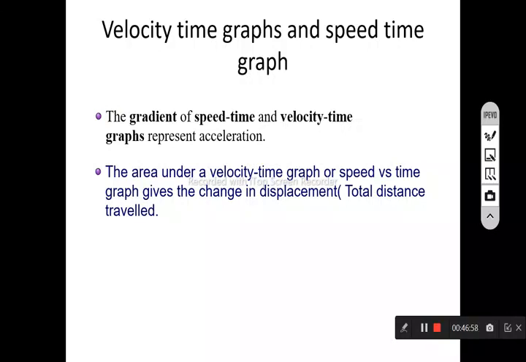So how does one determine the total distance traveled by the object? You want to know the distance traveled by the object on the velocity time graph, or on the speed time graph. How are we going to do that?